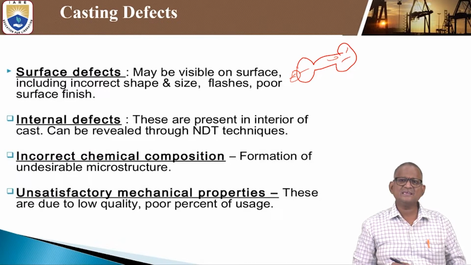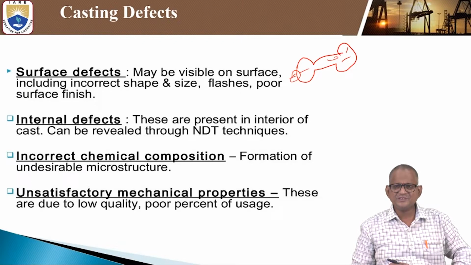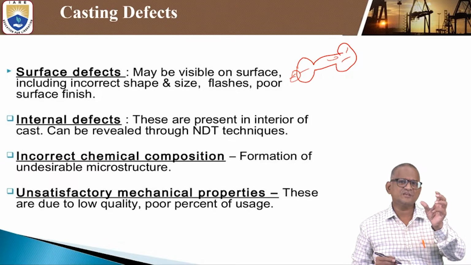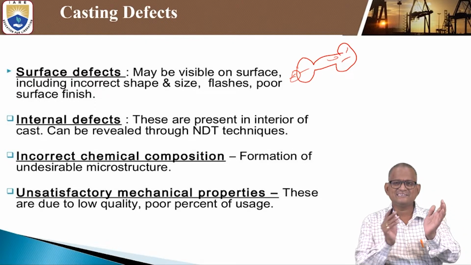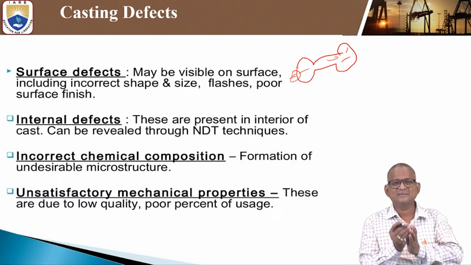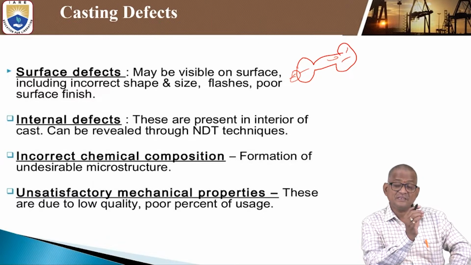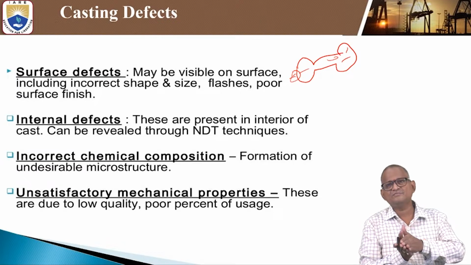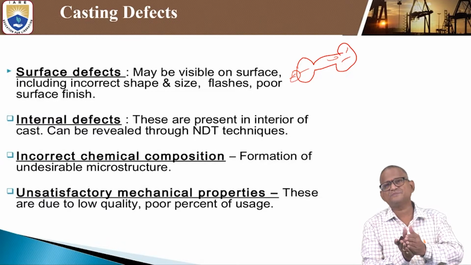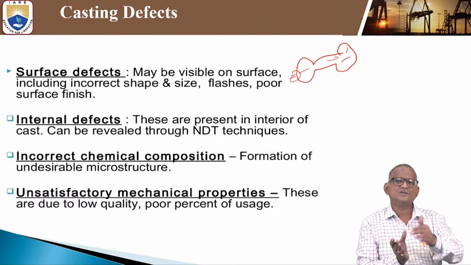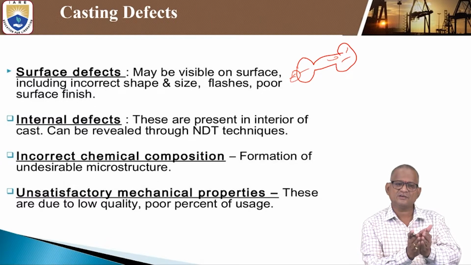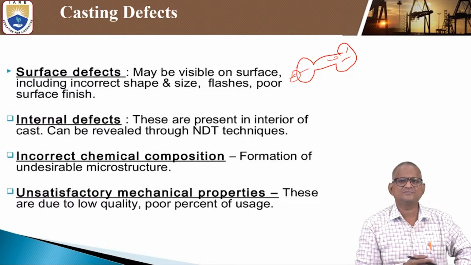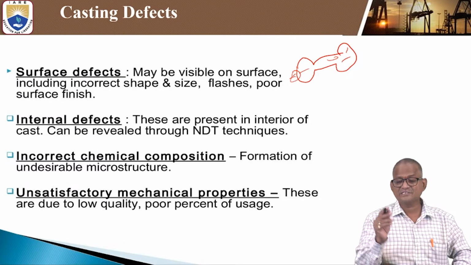So basically, surface defects can be seen in the workpiece or component by observation itself. It can be an incorrect shape and size. The parting line should also be maintained properly, and flashes come out of uneven movement of the two-piece pattern or three-piece pattern and gated pattern, etc. If they are not correctly aligned while pouring the molten metal, it leads to extra flashes, and even the surface finish.